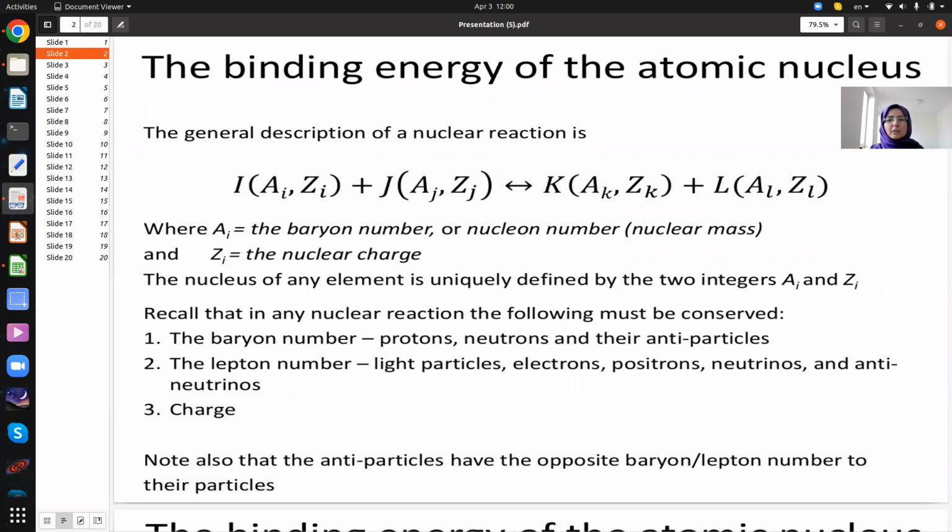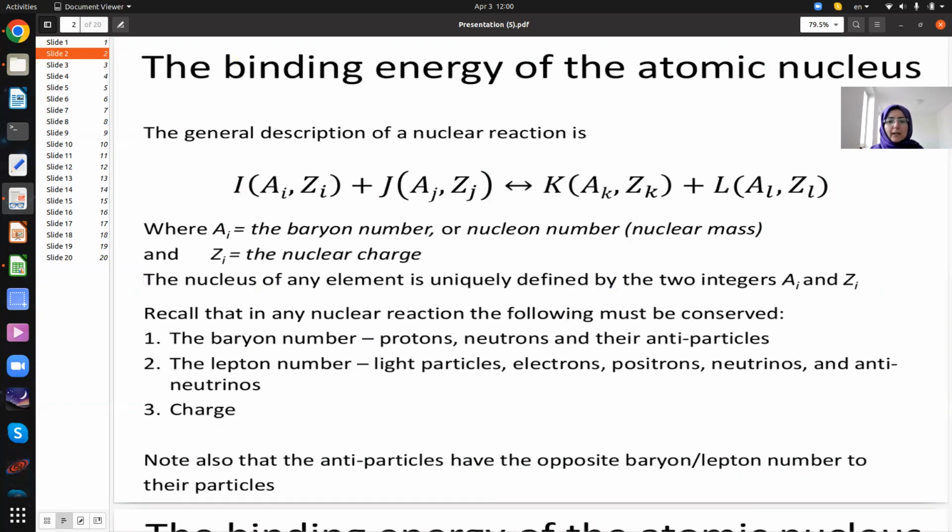We have the binding energy of the atomic nucleus. The general description of a nuclear reaction is, as you see, I plus J goes to K plus L and vice versa, where A is the baryon number and Z is the nuclear charge.